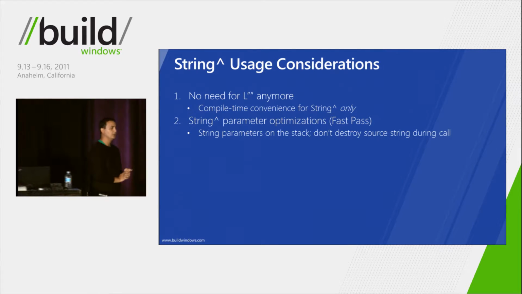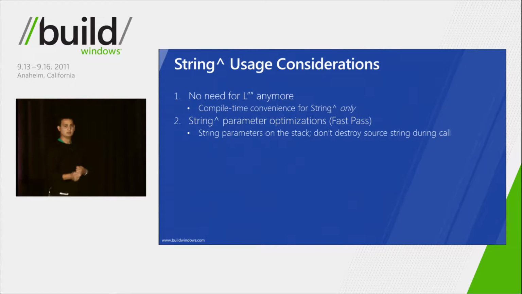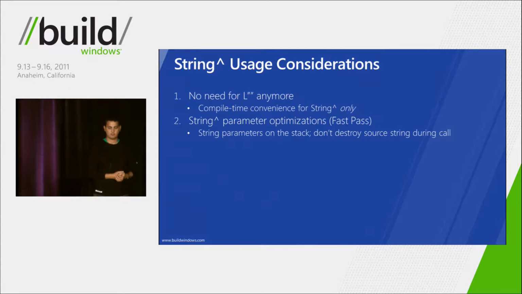Another thing to know about, I talked a little bit about string and copying, and if you're taking a platform string and passing it around, a certain copy is going to happen. The compiler is actually smart about, and Windows Runtime is smart about doing some optimizations on that string, such that we can reduce the amount of allocation that is happening, for example. So one optimization that you can see is if you're taking a string literal and passing it as a parameter to a function that takes a platform string.